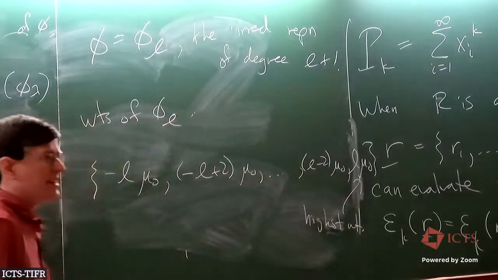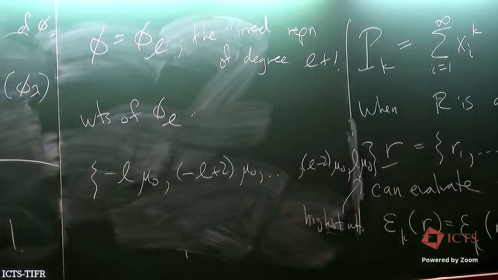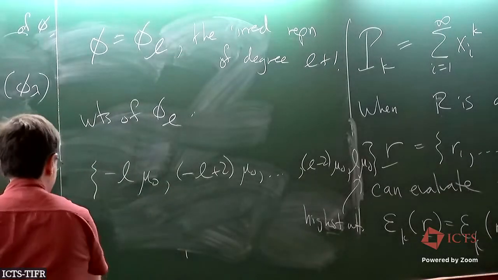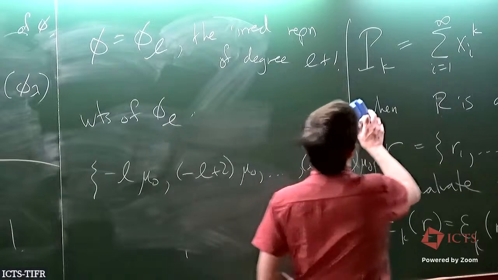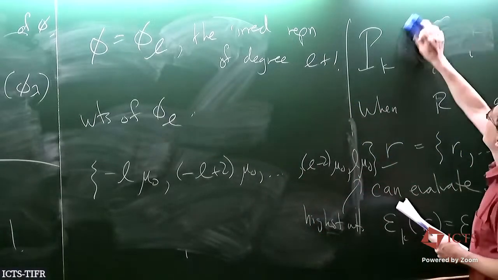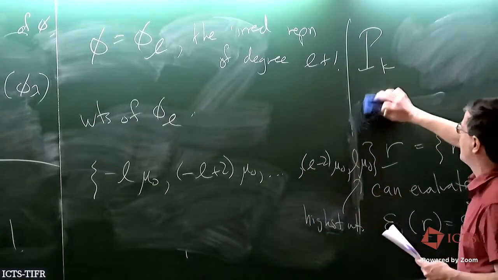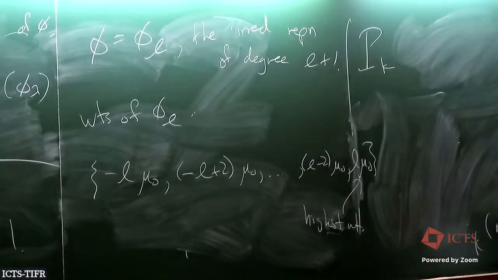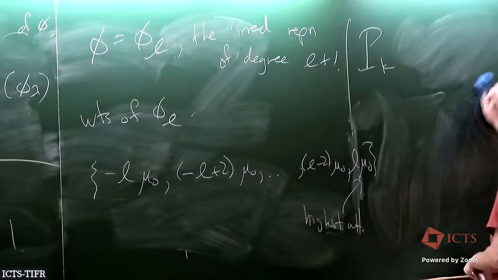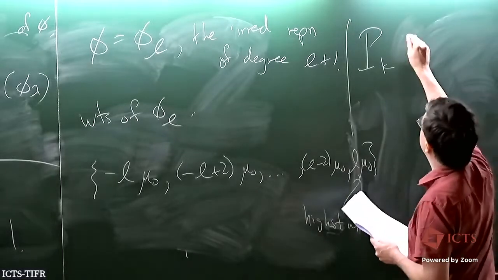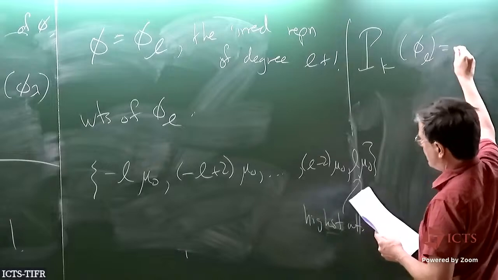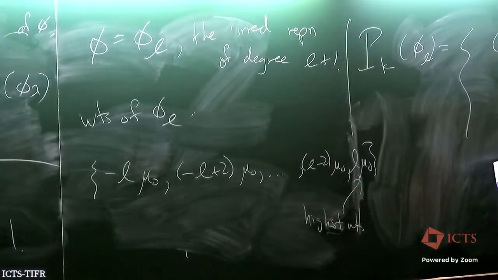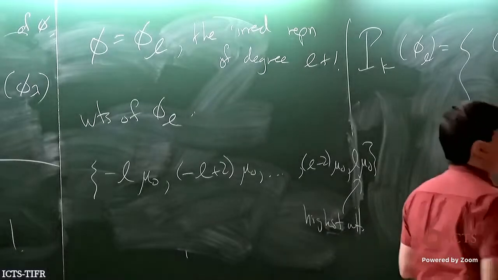So now this is an easy problem. I've laid it all out. All I have to do is take the powers of this and sum them. So let's see what we get. p_k of phi_L: when k is odd, they cancel.